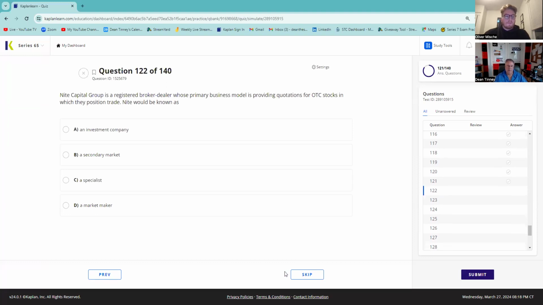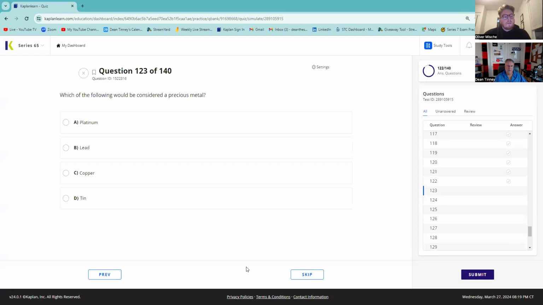Knight Capital Group is a registered broker dealer whose primary business model is providing quotations in OTC stocks in which they position trade. Knight would be known as. D. Right on, market maker.